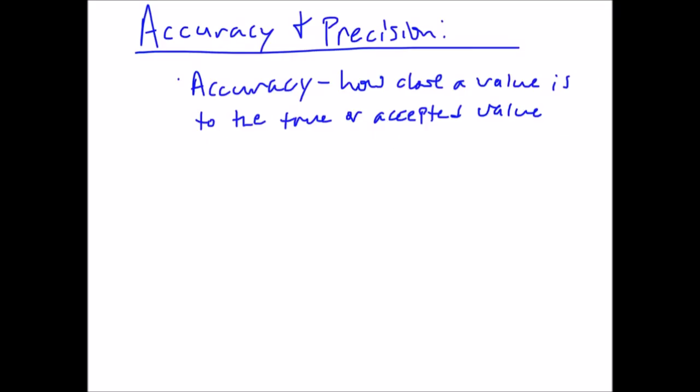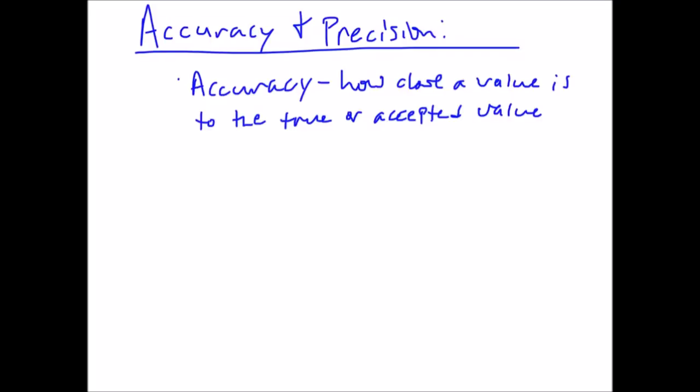Accuracy and precision. Okay, significant digits was the last topic that we discussed, and accuracy and precision is the whole reason that significant digits even exists. Significant digits is a way that we standardize how things are measured and how our answers are reported.